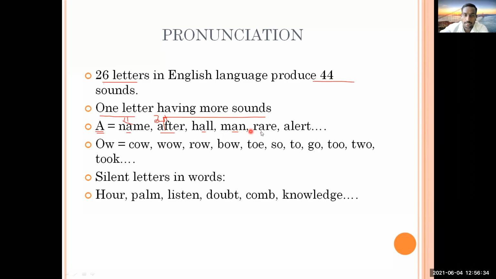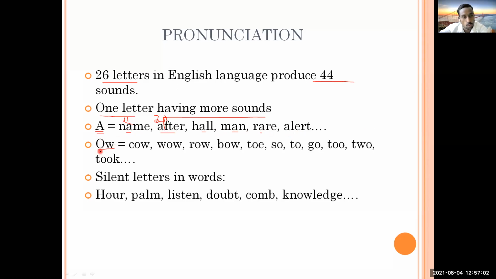Which sound are you getting here? Rare. Then again you have A here. It is alert, so again you are getting a weak sound here. So letter A, though it comes in different words, the sounds are not the same at all times. They are different.